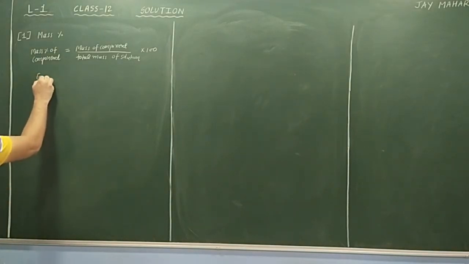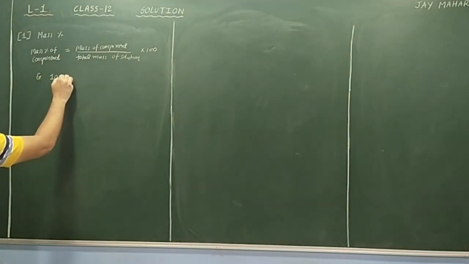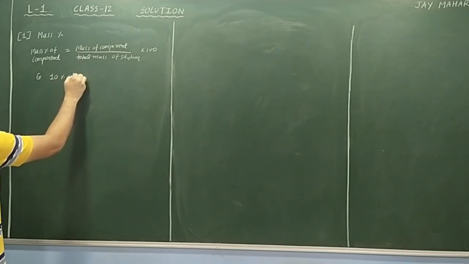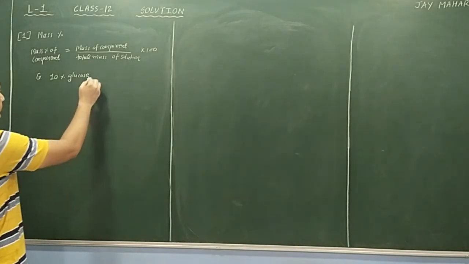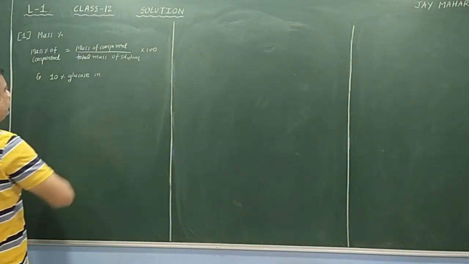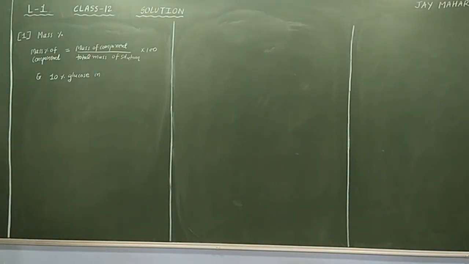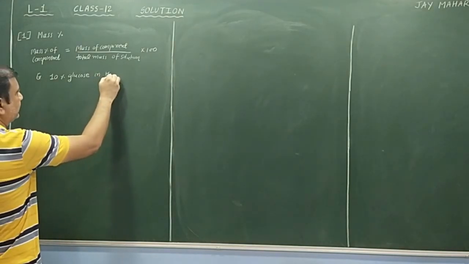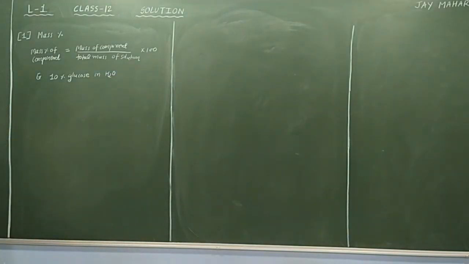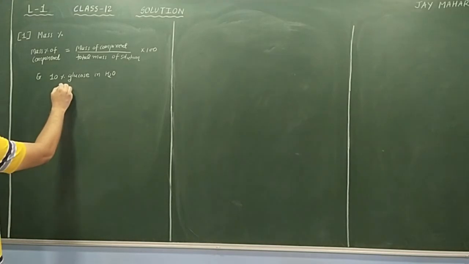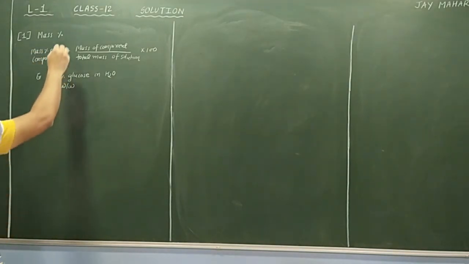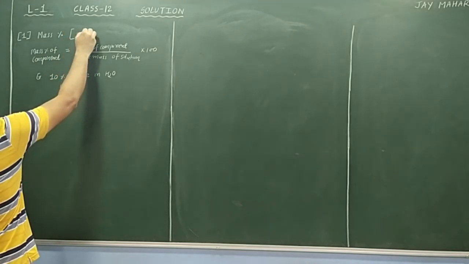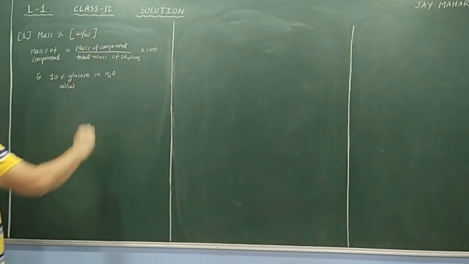Suppose an example: a 10% glucose solution in water, that means W by W. Mass percentage means W by W, that is the symbol.